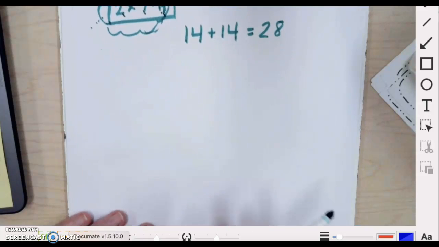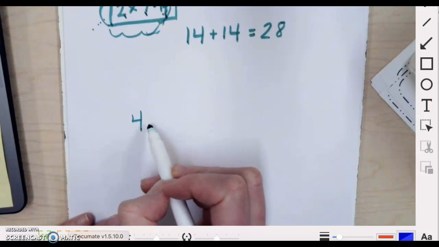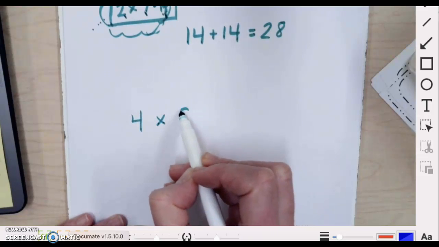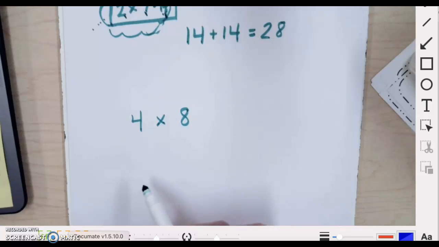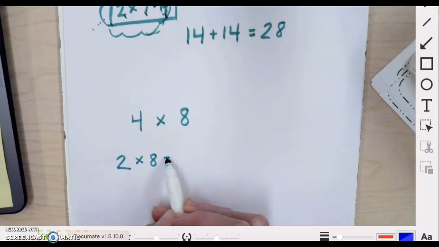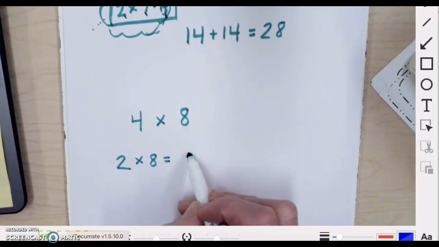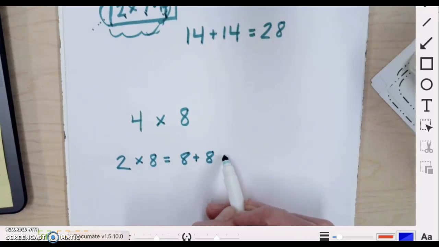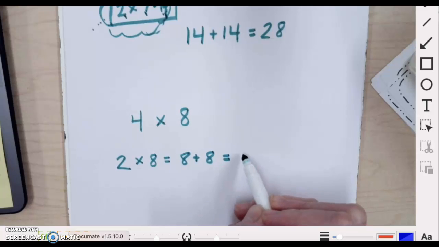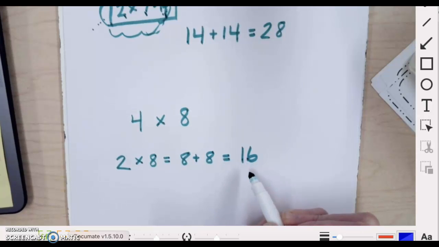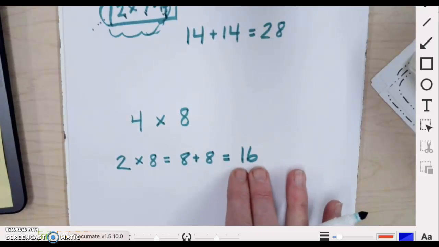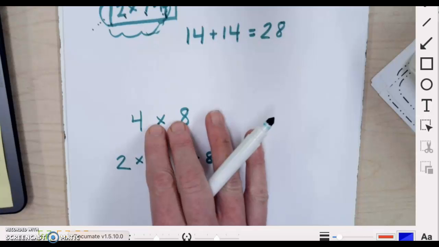Okay, let's try another one. Let's do 4 times 8. Well, if I know that 2 times 8, which is the same thing as 8 plus 8, is 16, because I know my doubles, then if I double this 16, I'm going to get 4 times 8.